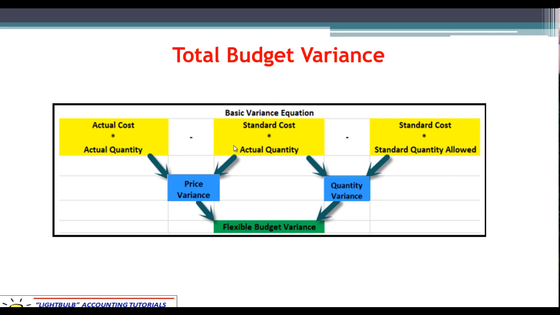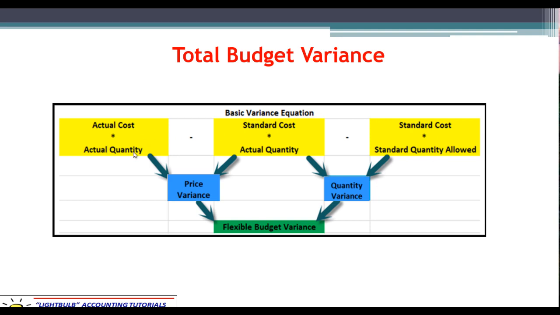Now we're going to see this in a different format in just a bit, but these two give you the price variance. If we instead want the quantity variance, we need to know the difference between the two quantities, actual versus standard. But the cost is going to be standard cost in both cases.